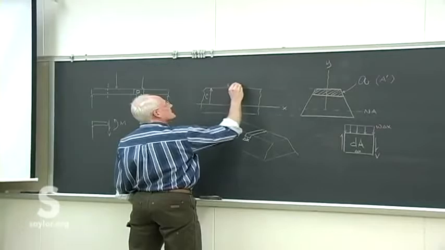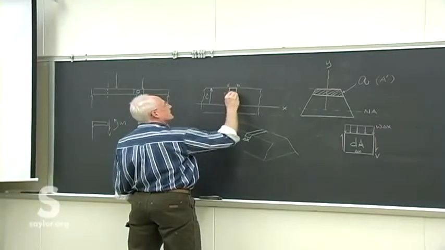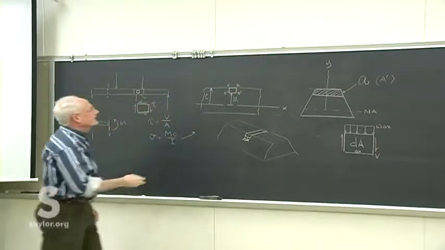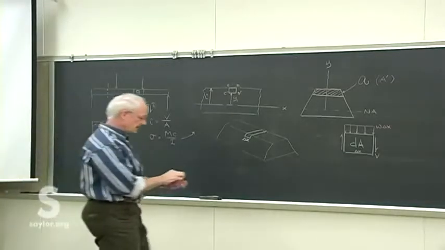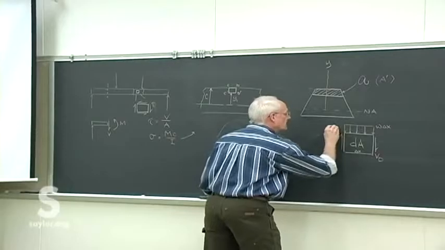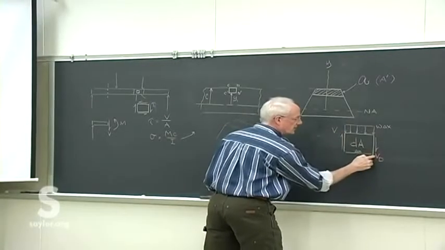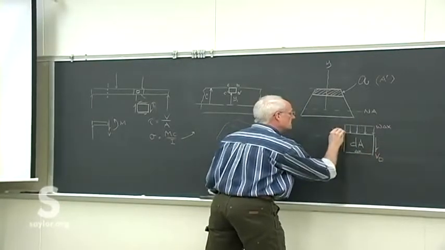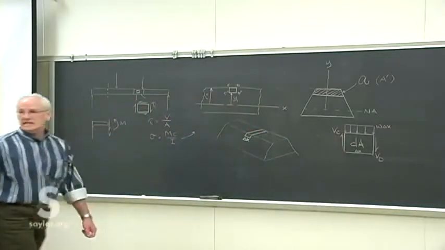We'll call this CD, and this is C prime, D prime, just to designate those sides and corners as we need them for reference. So that'll be VD, the shear on the D face. This is the shear on the C face.